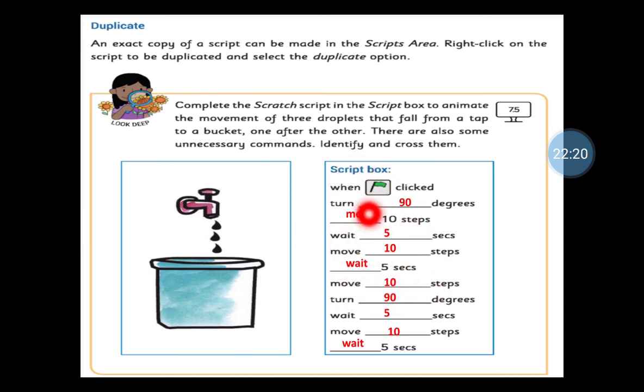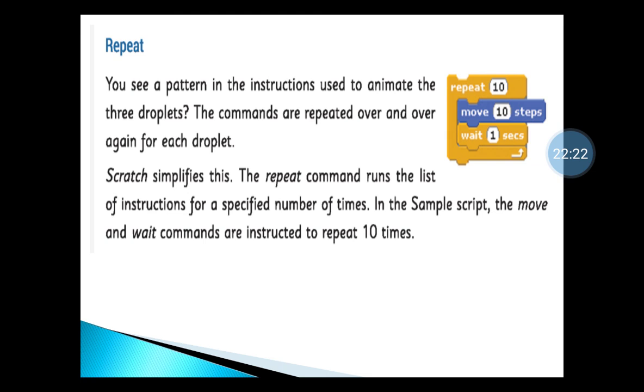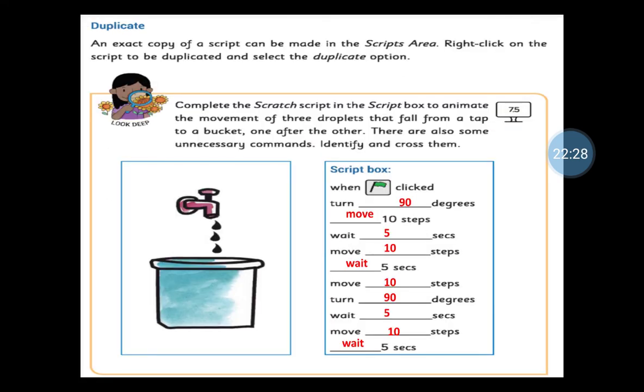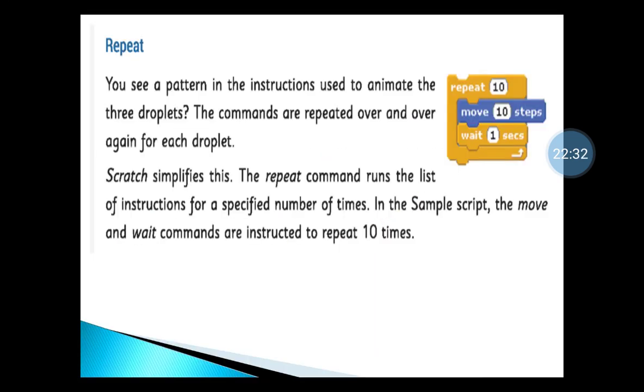For writing these same steps again and again, you have to use the repeat command. If you use this repeat command, there is no need to write the same script again and again. So here Scratch simplifies this. The repeat command runs the list of instructions a specified number of times. In the sample script, the move and wait commands are instructed to repeat 10 times.